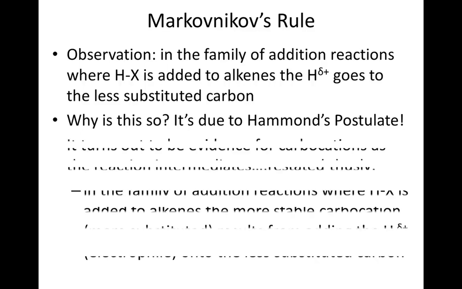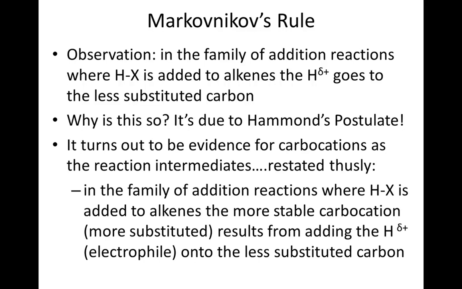And so what happens is that when we talk about this kind of reaction, we could generalize it a little bit more and say, anytime you have an addition reaction on an alkene where you're adding HX or actually a lot of other things, whatever the positive end of the molecule is that you're adding, the thing with the positive character, that's going to go to the less substituted carbon because that will create the more stable carbocation.